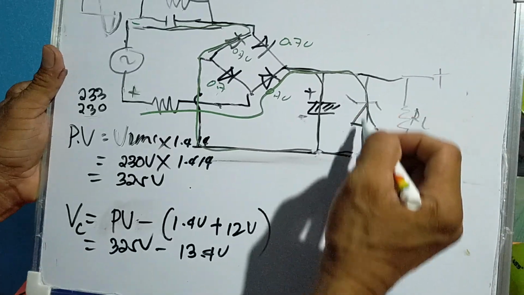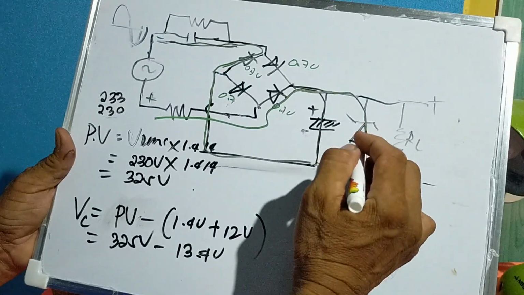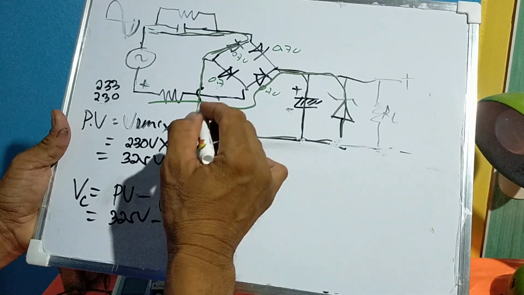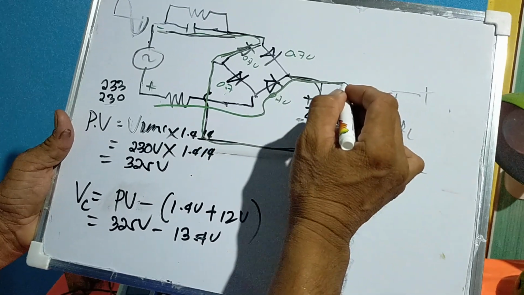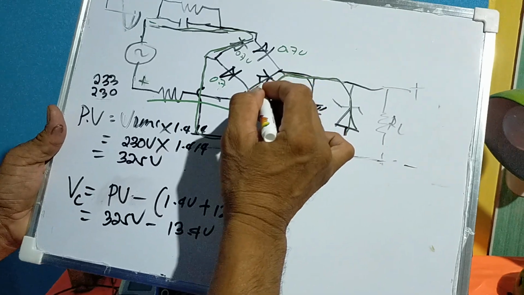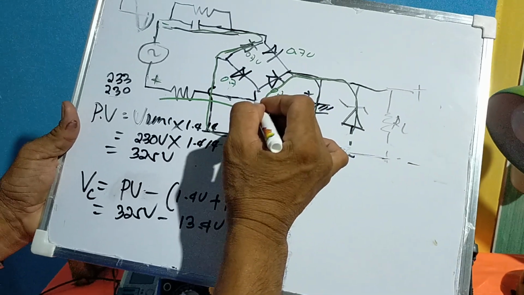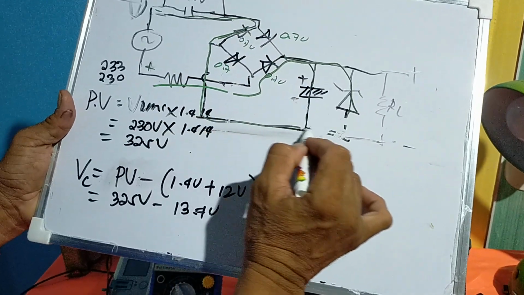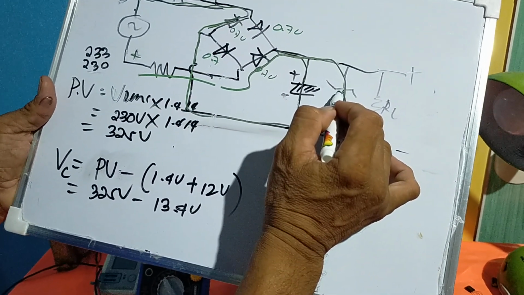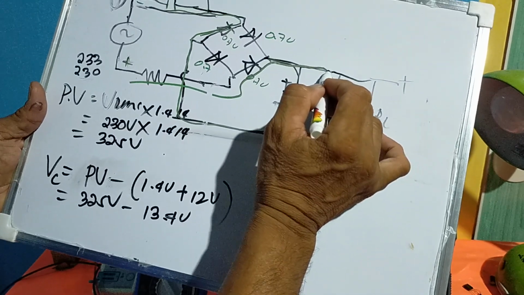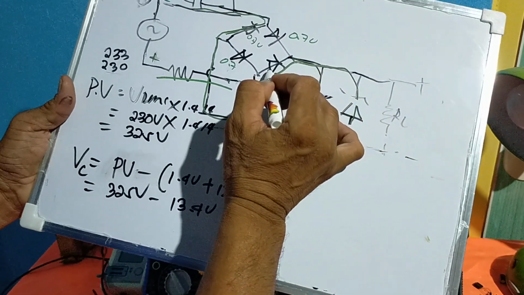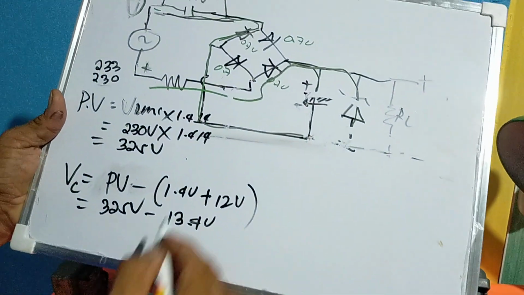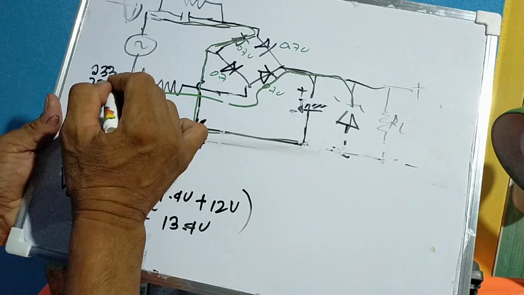Plus the voltage across this diode. Because this Zener diode, the Zener voltage is actually 12 volts. So, 12 volts plus 0.7 is 12.7. Then another 0.7 is what? 13.4 volts.